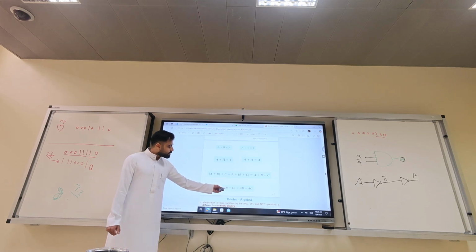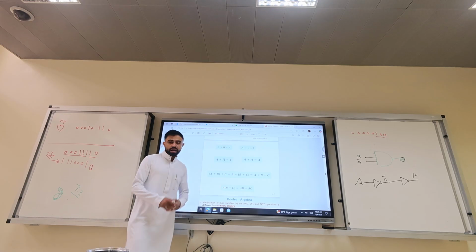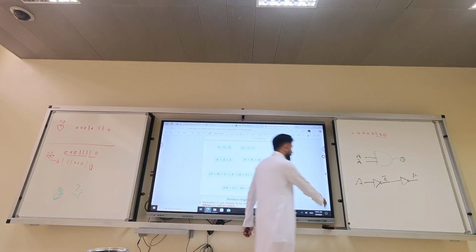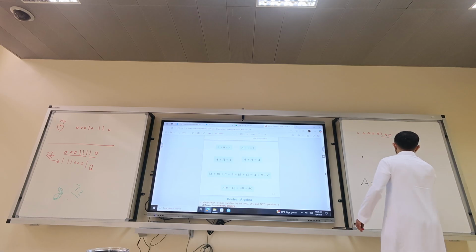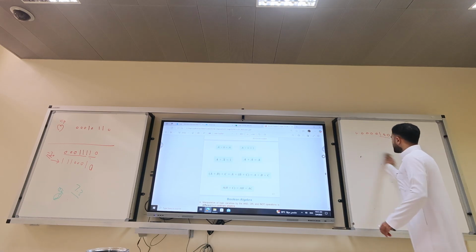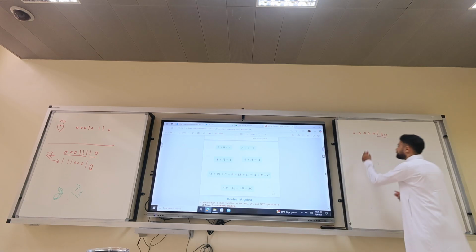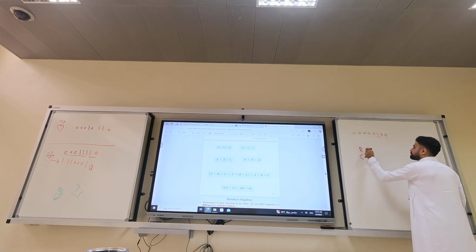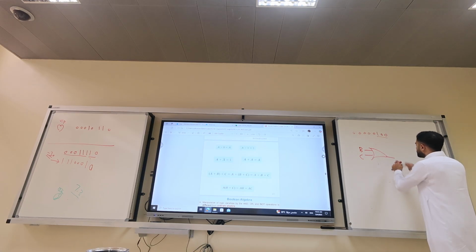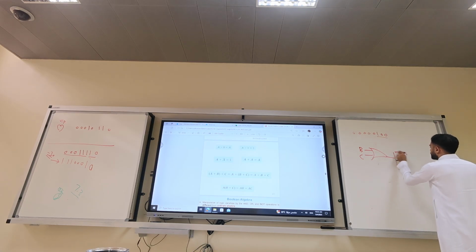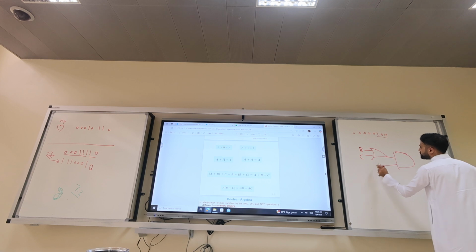But this one, the right way to read this is A. You first do whatever is inside the parentheses. So you OR B and C. And then the output, you AND it with what?